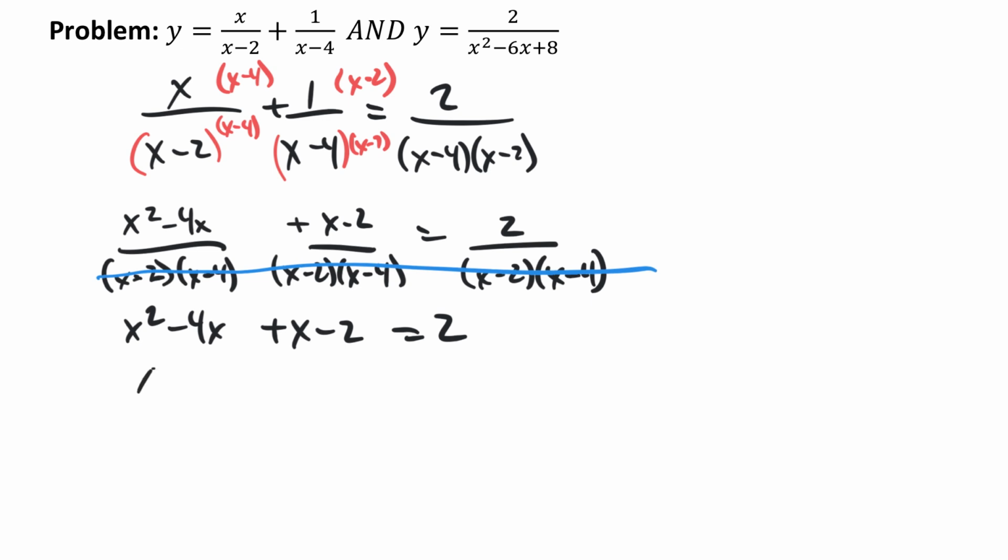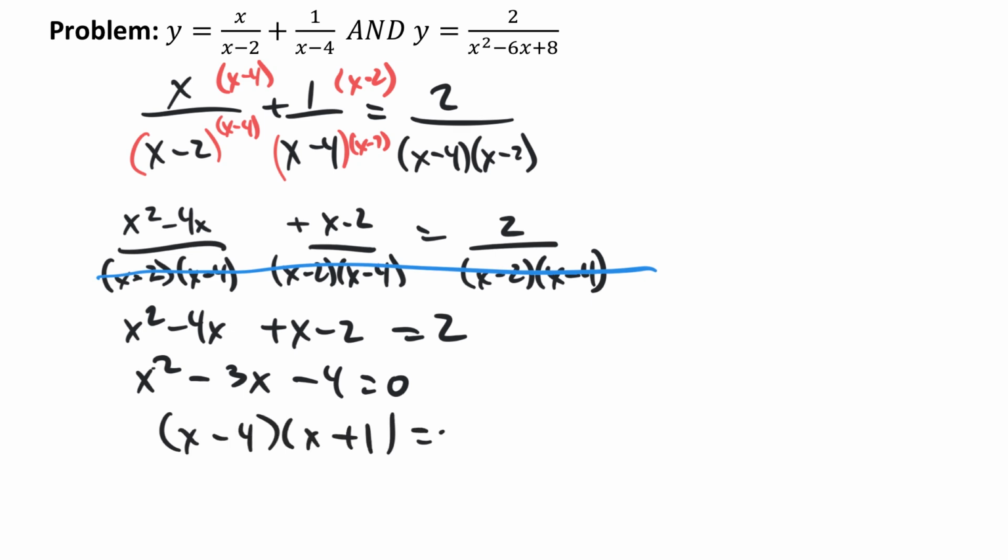All right, we have got a quadratic going on, so let's collect all the terms on the one side. x squared minus 3x minus 4. That's going to factor down as x minus 4, x plus 1. So x equals 4, x equals negative 1. Okay, so those would be our 2 solutions.